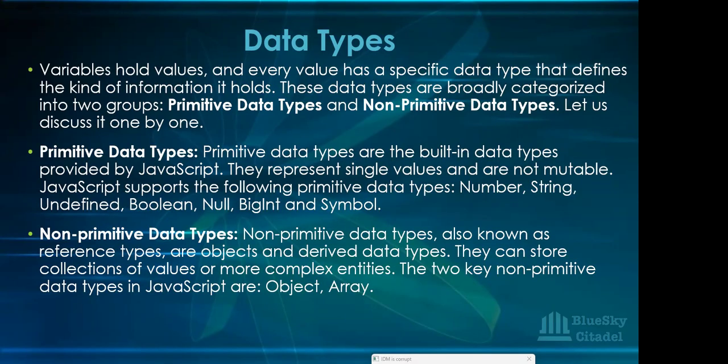The first one is going to be the primitive type. And these are the built-in data types provided by JavaScript. Okay, they represent a single value and they are non-mutable. JavaScript supports primitive types such as number, string, undefined, boolean, null, big int, and symbol.